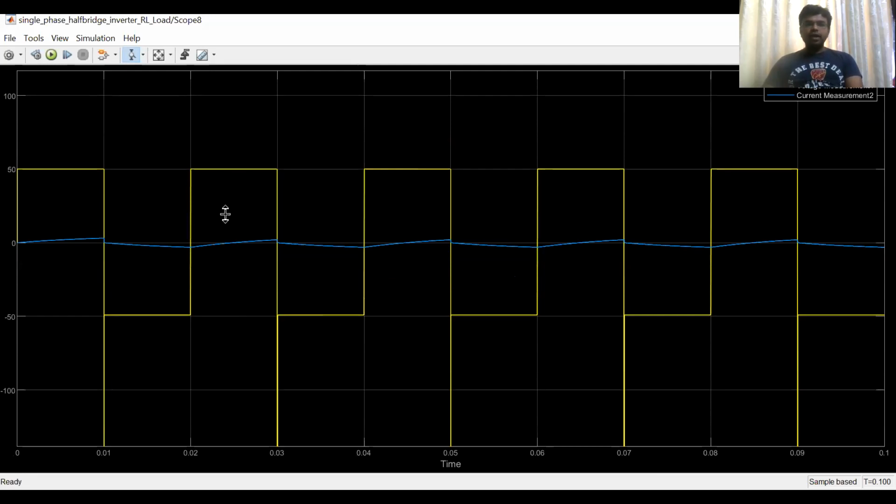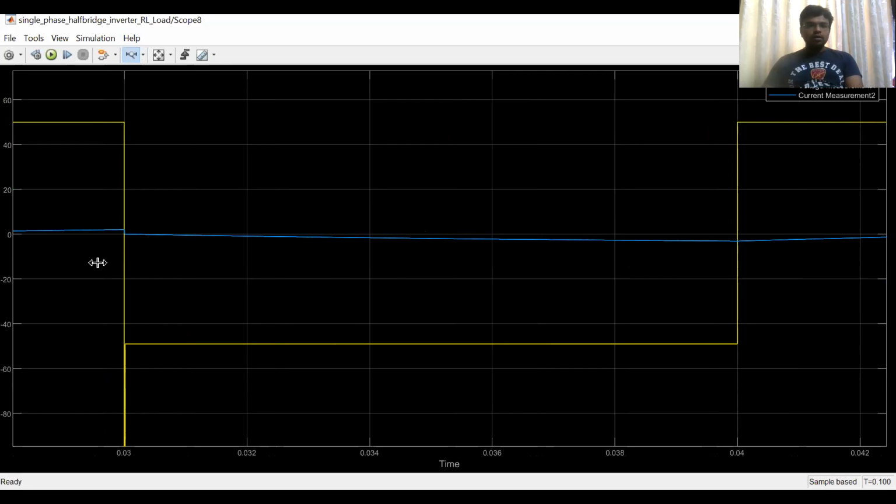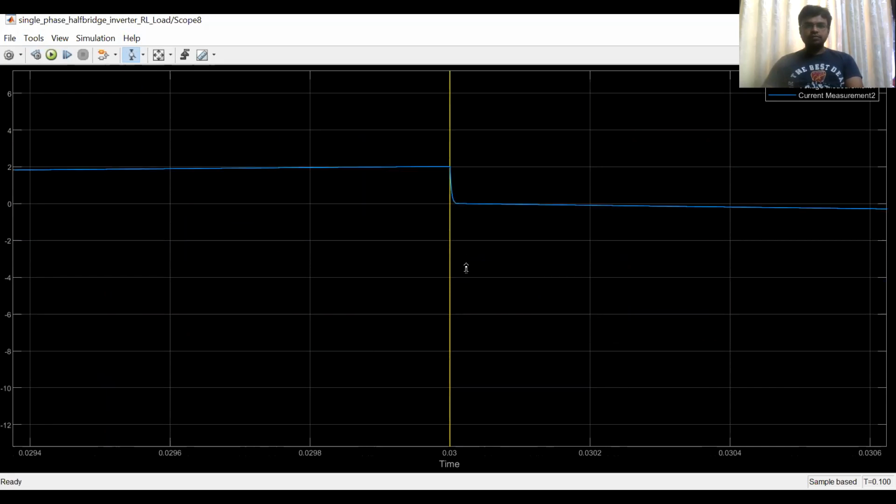Now, if you observe carefully, please understand. This current is discharging perfectly, no problem. But if you observe here at this moment, I will zoom in.